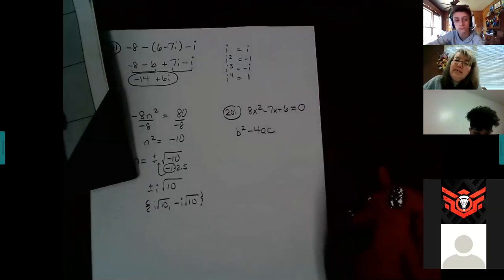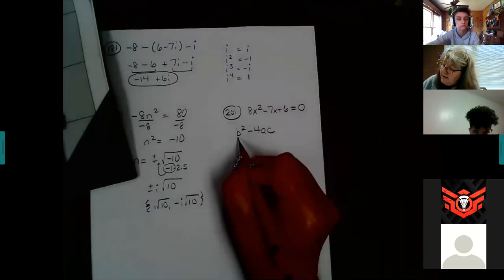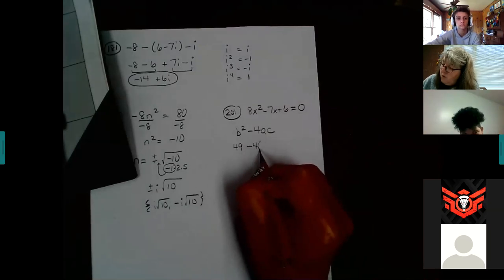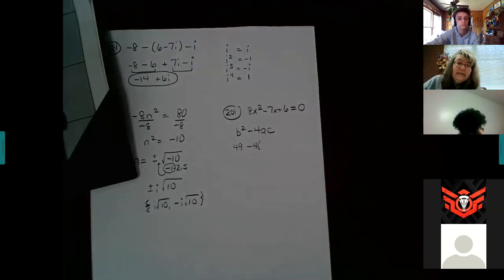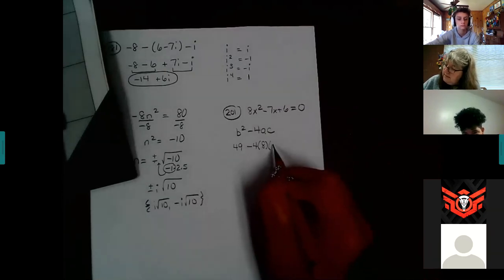Question on the table is, what is b? -7. So when I square -7, I get 49. Minus 4 times, what is a? 8. And c?